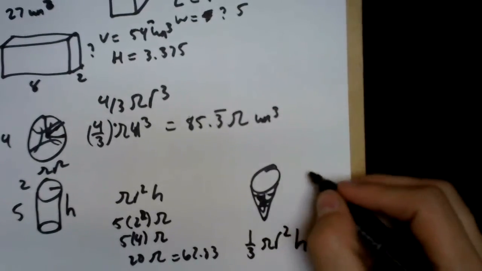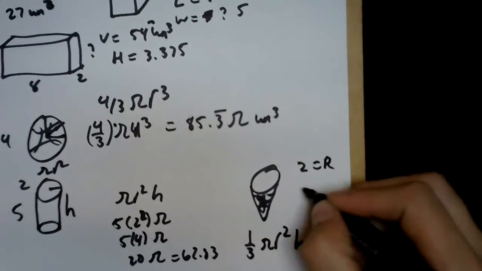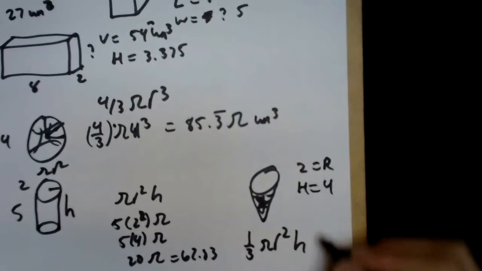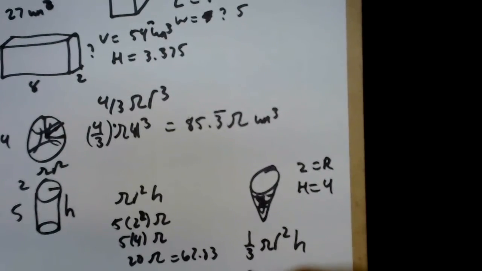We'll say, again, 2 is the radius. The height equals 4. Then you just plug it into your equation, pi times 2 quantity squared times 4.